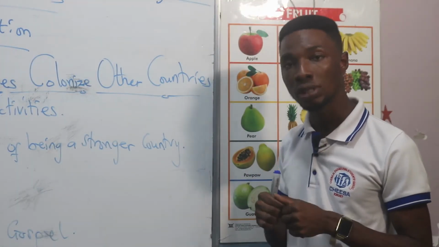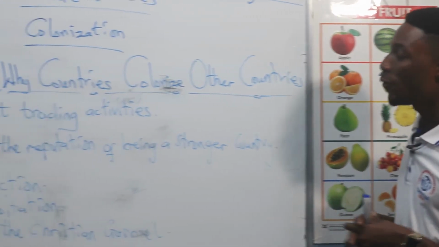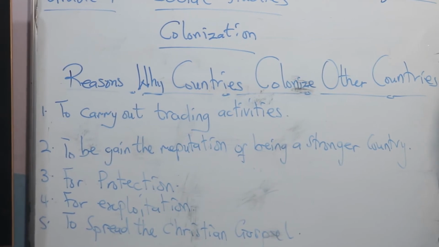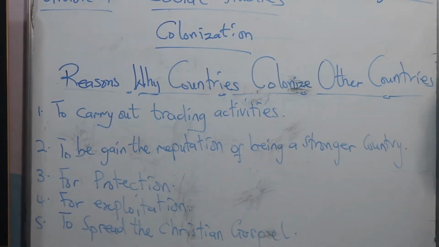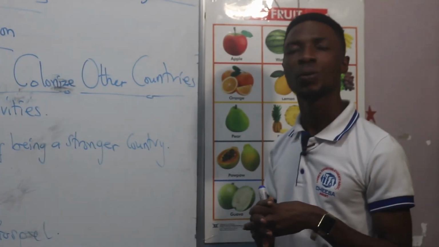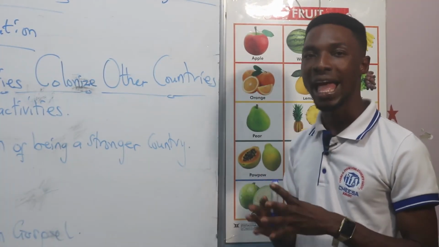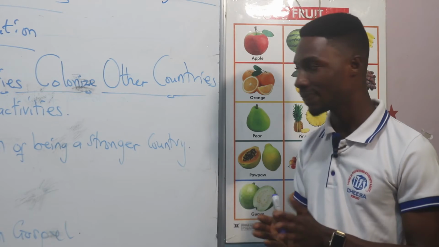Therefore, they chose to get colonies. For protection, they wanted to conquer the stronger nations so as to prevent war between them. In order to prevent war from arising between them, they had to suppress them and turn them into their slaves.